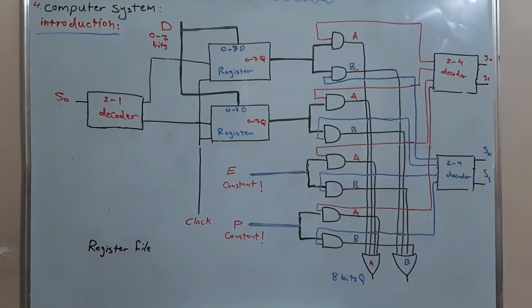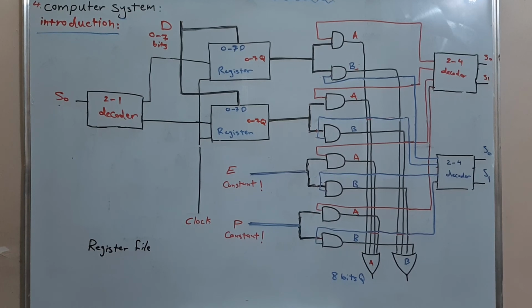The register file that we want to use in our voltmeter is modified in the following manner. First, the writing decoder is contracted into a 2-to-1 decoder, so that we can write an 8-bit value into the first or the second register only.